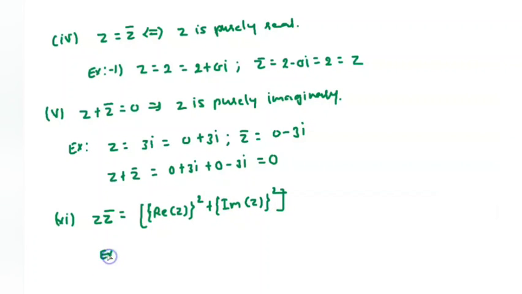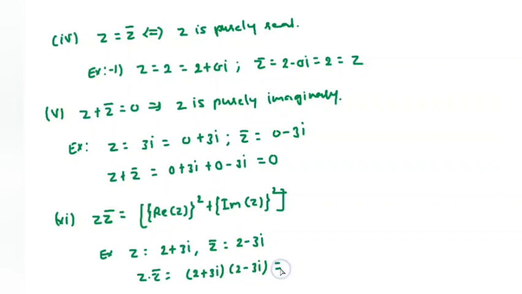If z is given to be 2 + 3i, then z bar will be 2 - 3i. Now z into z bar is equal to (2 + 3i) into (2 - 3i). Applying the (a + b)(a - b) formula, we will get 4 - 3i square. i square is -1.